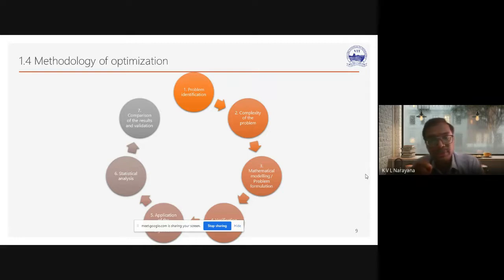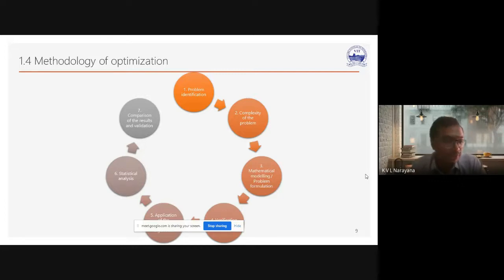Later, the second step deals with the complexity of the problem. So the complexity means in terms of mathematical modeling. In what way is the mathematical model to be formulated? The mathematical model means formulating the objective function.